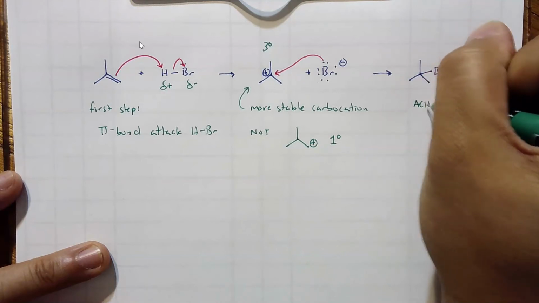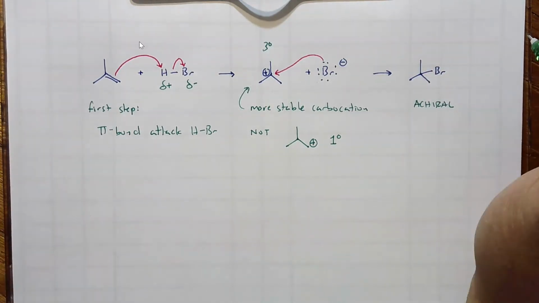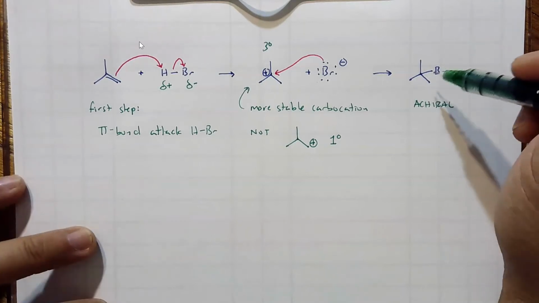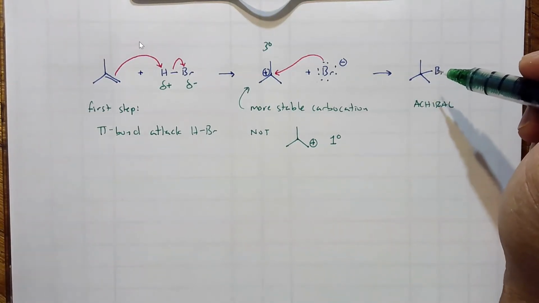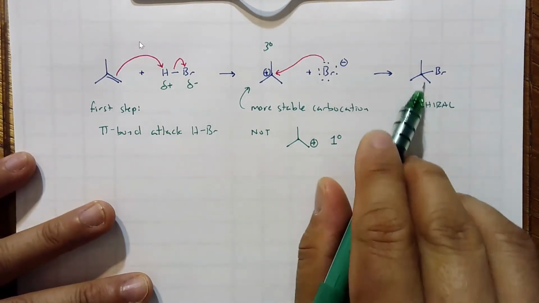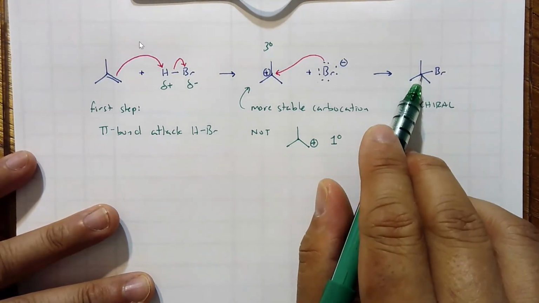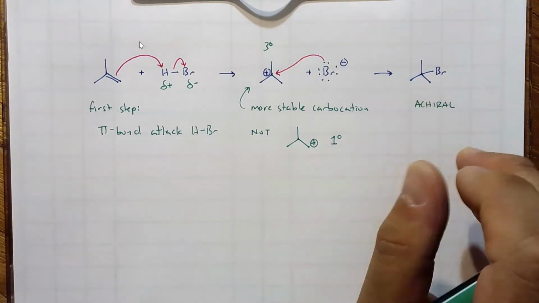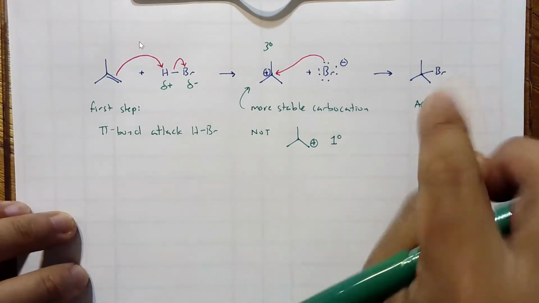Why is that important? Because I may ask you to draw all the products if you made a stereoisomer, or a chiral molecule that can exist as R or S. This is not the case. This carbon is neither R nor S because it is not a chiral carbon. So this is the product.